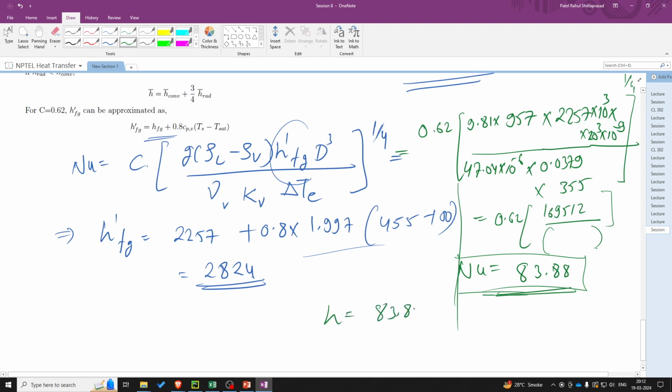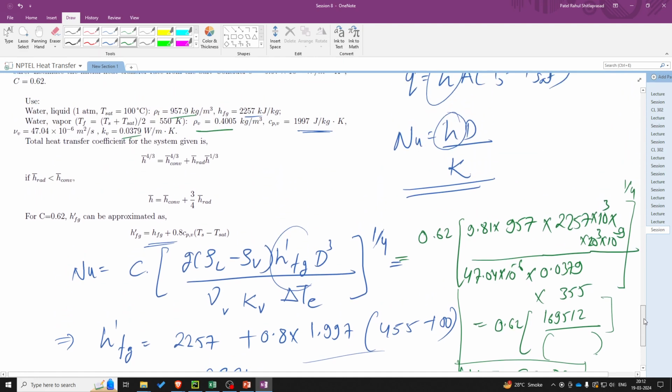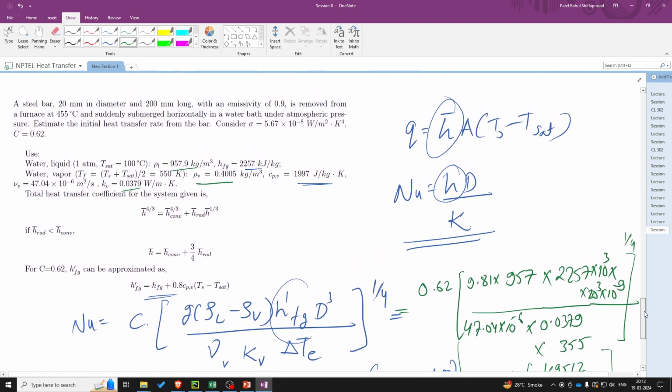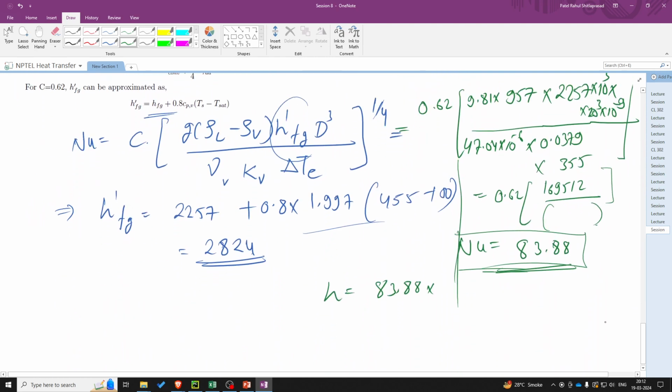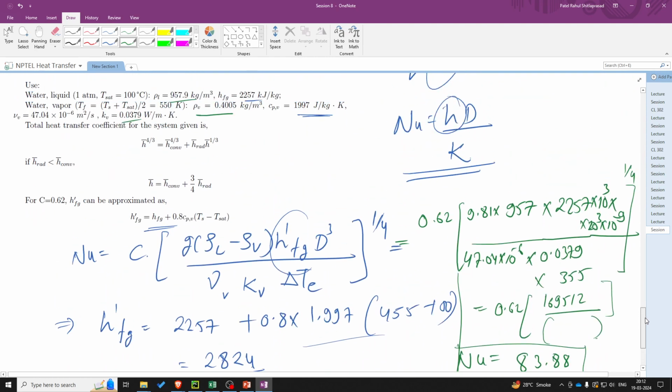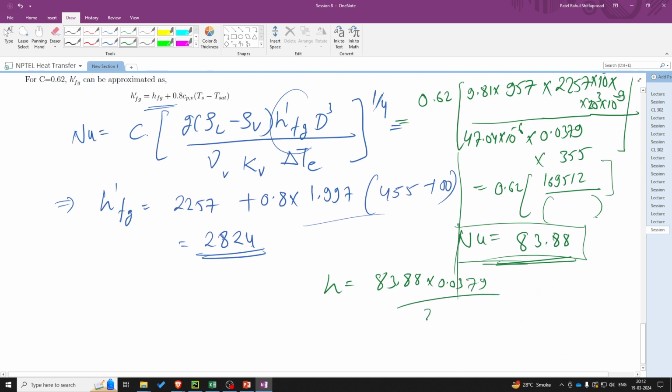So it will be 83.88 into k by D. This value of heat transfer coefficient will come around 158.95. So this is the heat transfer coefficient due to convection.